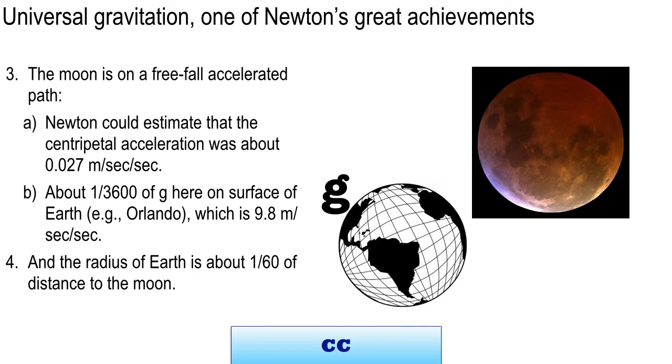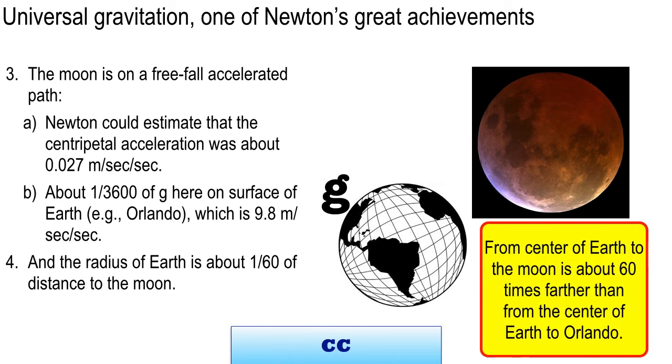He knew the radius of the Earth was about 1/60th of the total distance to the moon. So, here's the distance to the moon, and the Earth's radius is about 1/60th of that. Okay, so from the center of the Earth to the moon is about 60 times farther than from the center of Earth to Orlando. Now, I took this diagram here, a little picture of Earth and a picture of the moon, and here's two little blue vectors to represent the small vector.